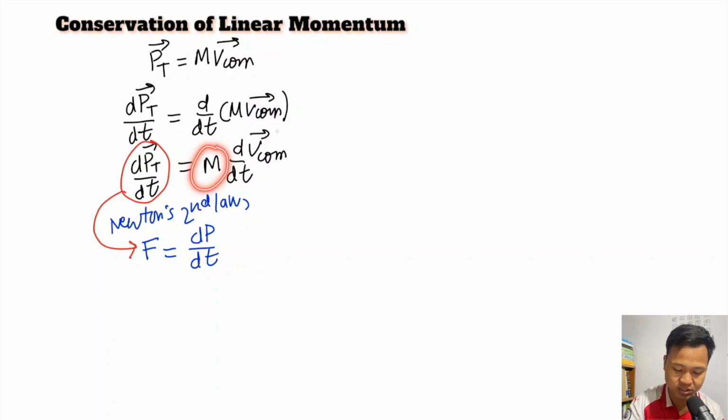Force is equal to mass into acceleration of center of mass. This is just like F equals ma, applied to a system of particles. So the force will be given by the total mass into the acceleration of center of mass.